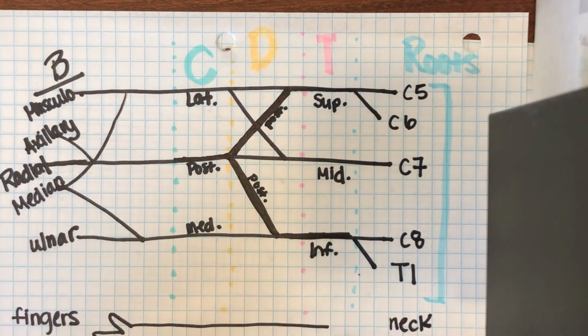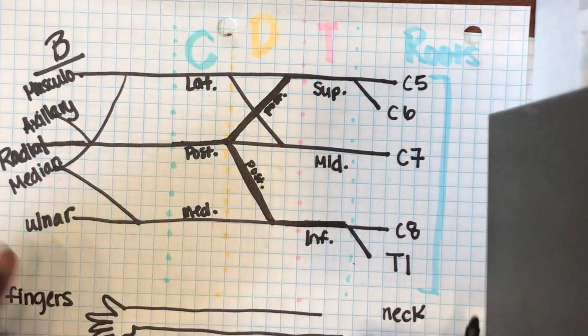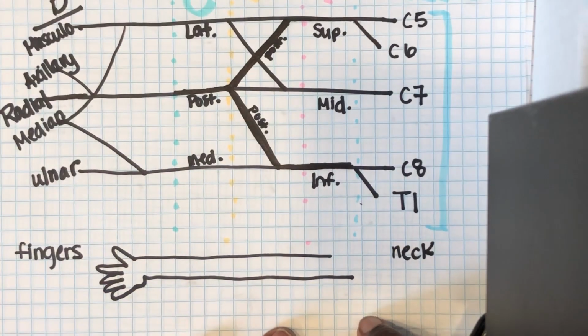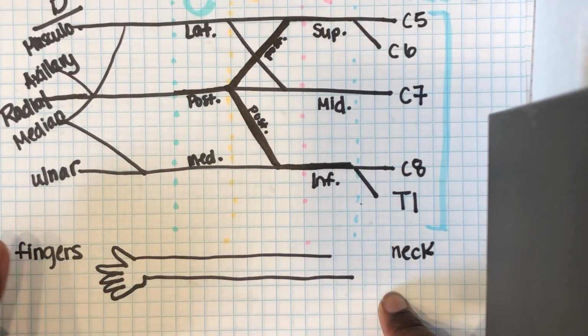So if we imagine information, remember, nerves are pathways. They are pathways that carry information so that our bodies can do what we want them to do. The brachial plexus in particular is a pathway that travels from our neck to our fingers.